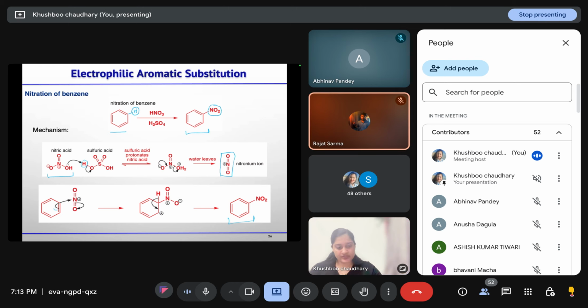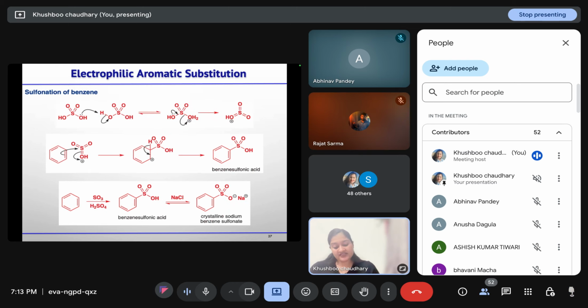Yes, ma'am, clear. Okay. Similarly, if we are considering sulfonation of benzene, then we are treating it with sulfuric acid. One molecule of sulfuric acid will abstract a proton from the other molecule, and after the loss of water it will form this cation. Then benzene will attack at the sulfur to neutralize the positive charge on the oxygen, and after the loss of a proton you will get benzene sulfonic acid.